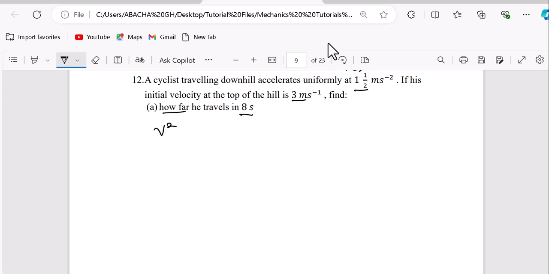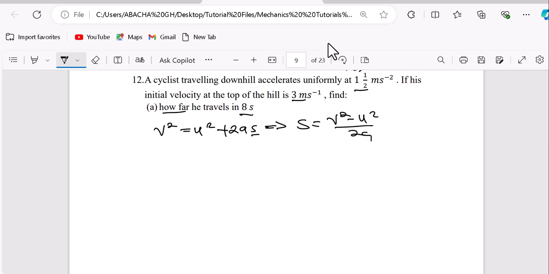We will use this one: v squared equals u squared plus 2as, where s here is the distance. So making s the subject, s will be equal to v squared minus u squared all over 2a.